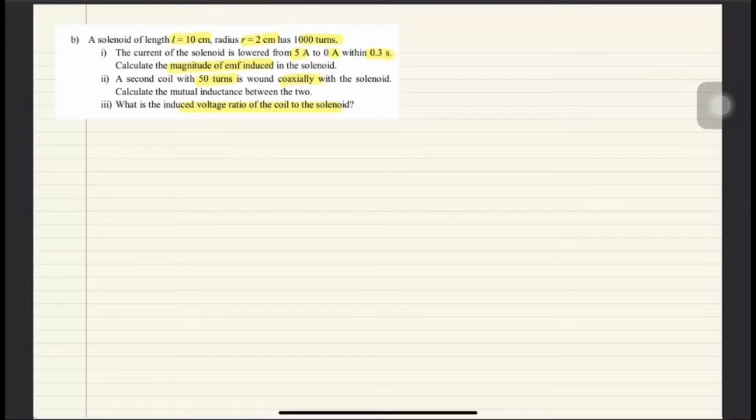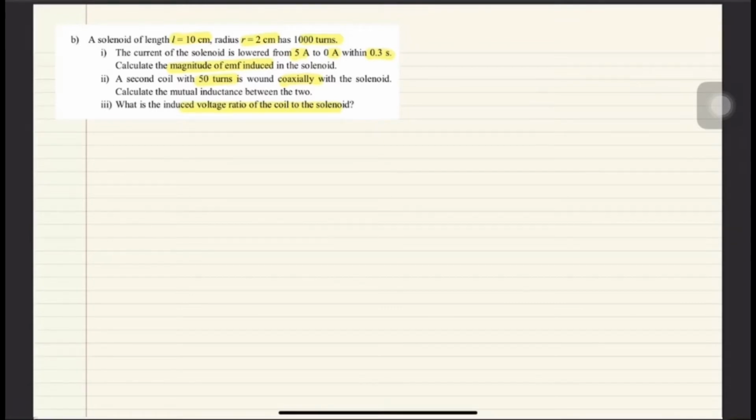Inductance. Inductance kan? And then dia kasih dimension ke kamu kena... Dia kasih current, yes. Lepas tu dimension kasih tak? Ada dimension juga. Kalau ada dimension, maksudnya kalau kamu nak kira inductance, walaupun dia tak suruh cari, biasanya memang first thing kita kira inductance lah. Kalau ada dimension, straight away kamu pakai equation inductance untuk solenoid ataupun coil.